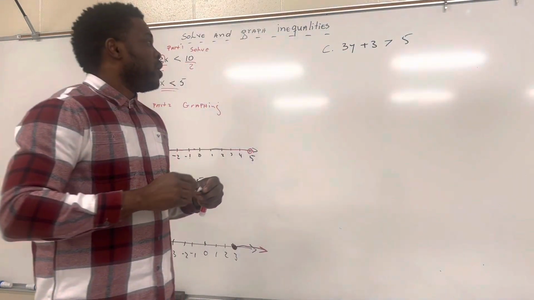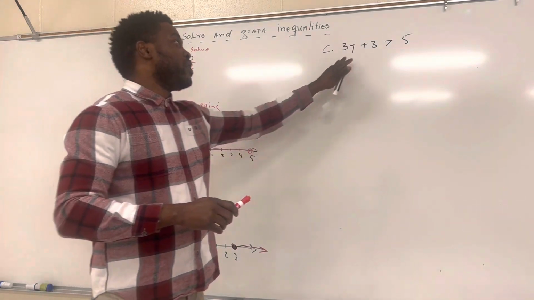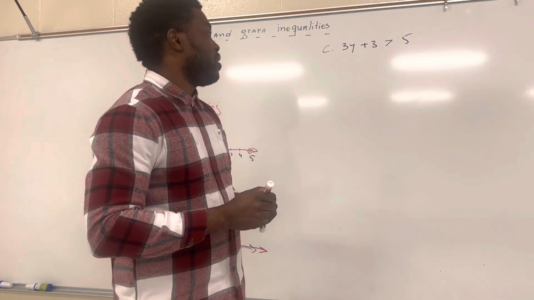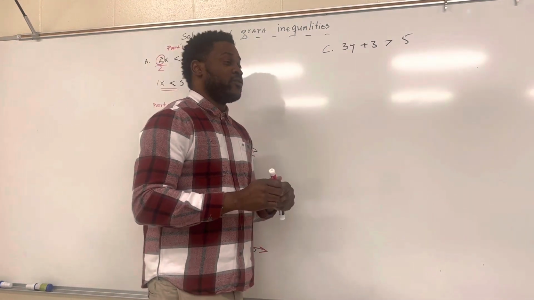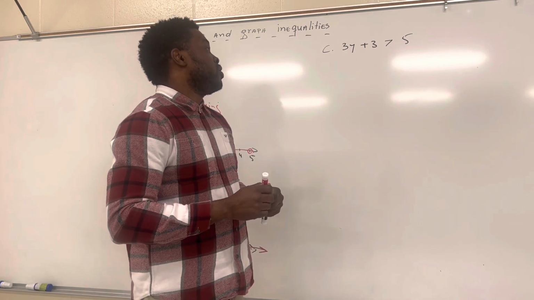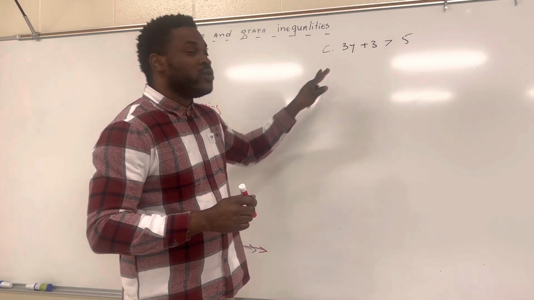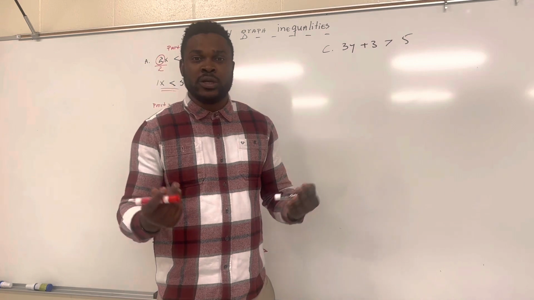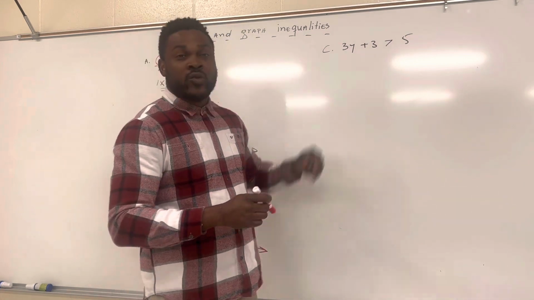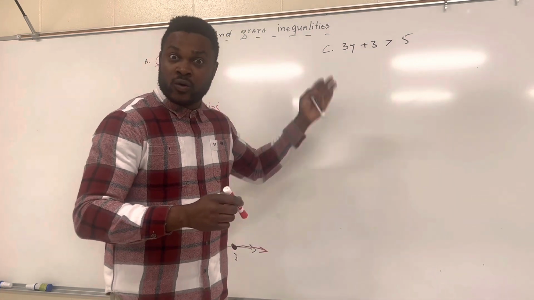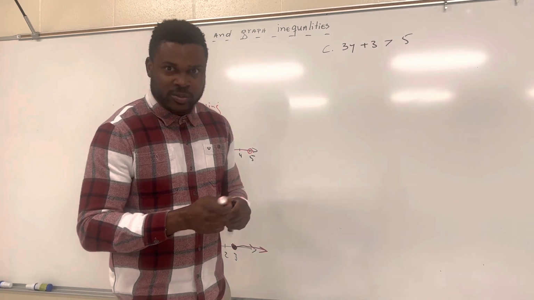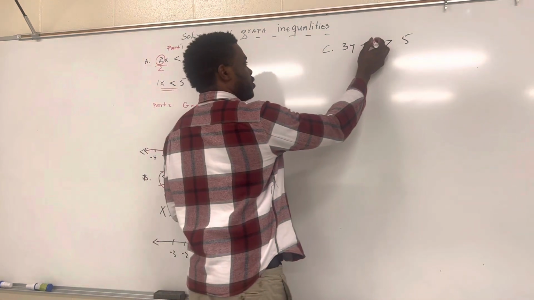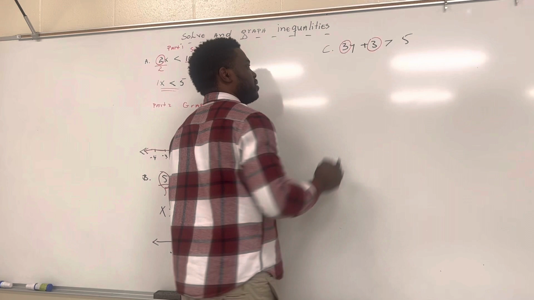You notice that you have two numbers on the left side here, on the side of y. Remember that we are going to treat it exactly the same way we treat an equation. You notice that there are two intruders on the left, which are not supposed to be there. So the intruders are 3 and 3 here, yes?